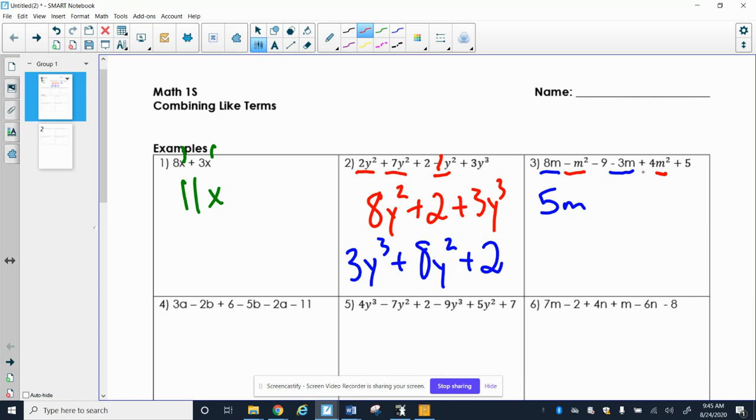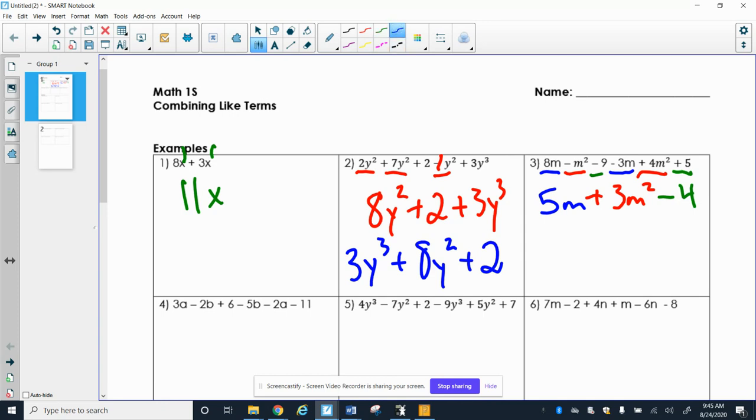Well, that would match with the plus 4m squared. So negative 1m squared plus 4m squared, that'd make a plus 3m squared, because negative 1 plus 4 is 3. Then lastly, we have a negative 9 and a plus 5. Those together make a minus 4.